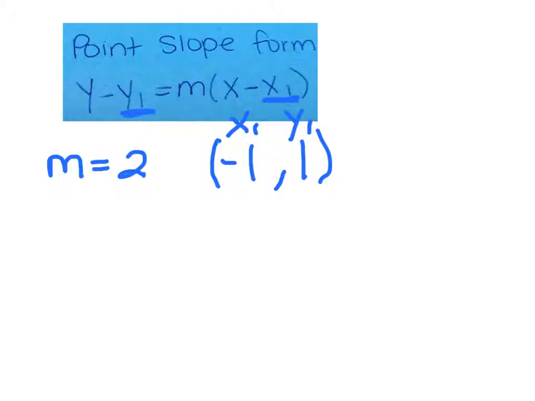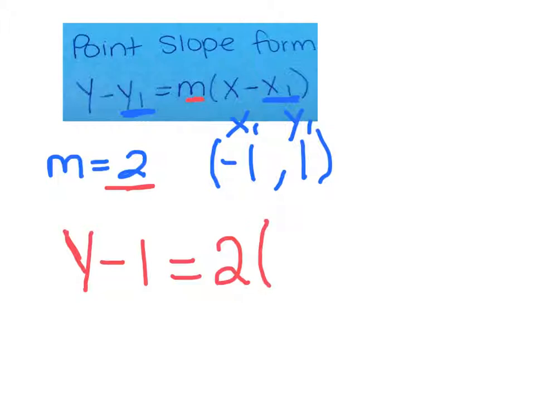And our slope right here, what m is, we need to plug that in for the m. So this will be y minus y1, which is 1, so we'll put that right there, equals whatever your slope is, 2, times x minus x1, -1.